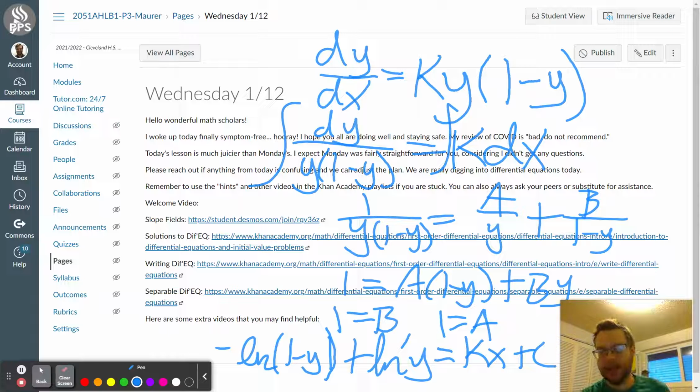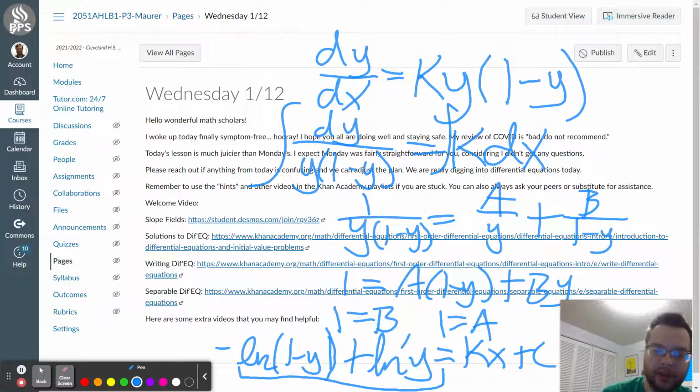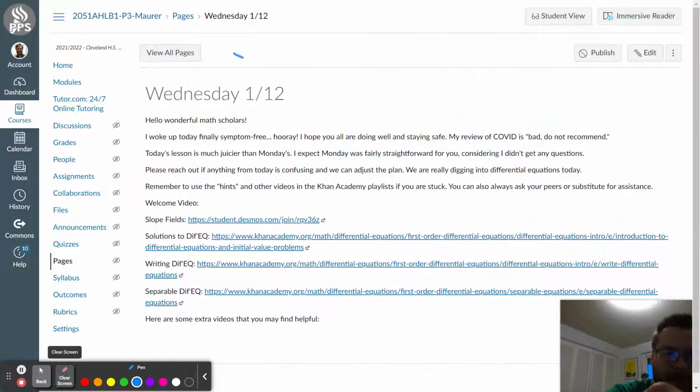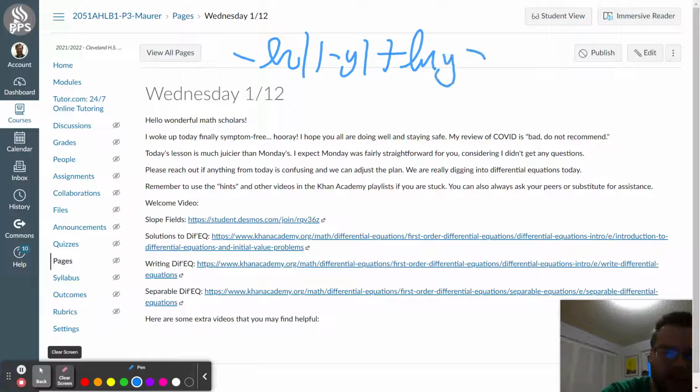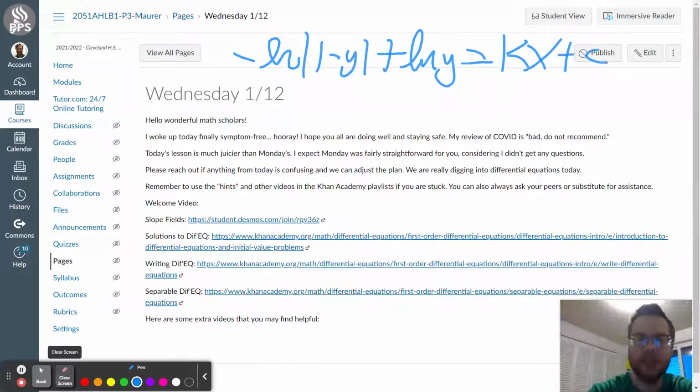Solving this further is going to use your logarithm rules on the left side. So let me clear the screen. Negative natural log of 1 minus y plus natural log of y equals kx plus c.